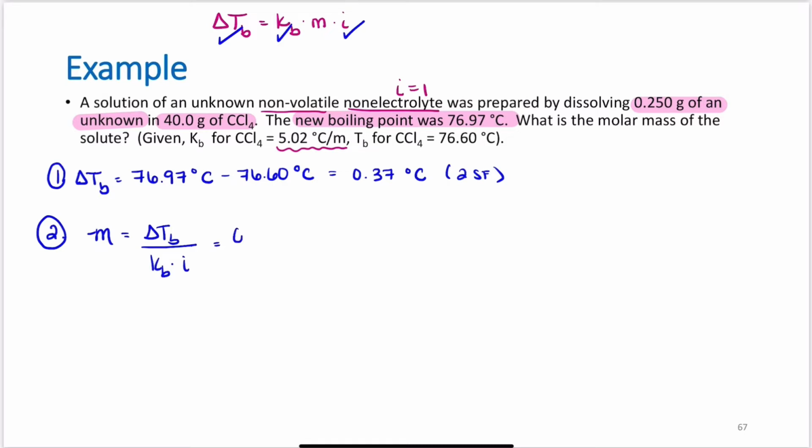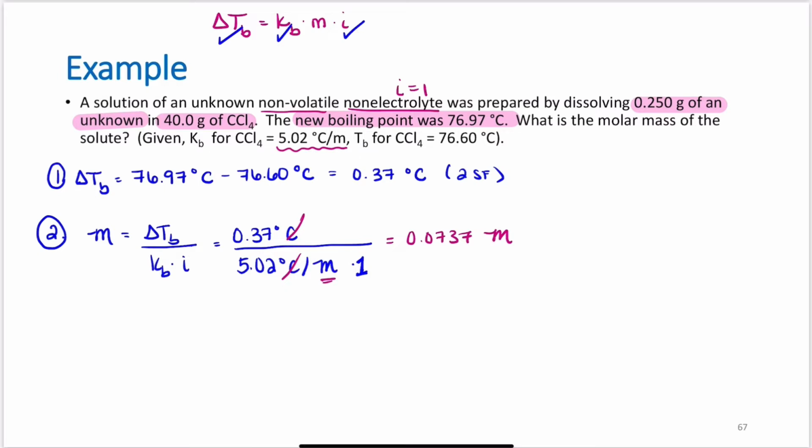I just figured out my change in temperature is 0.37 degrees C, and the question tells me that Kb is 5.02 degrees C per molal, and I'm telling you that i is equal to 1 for all non-electrolytes. That gives me canceling out my degrees C, and this molal is in the denominator of a denominator, which actually brings it to the numerator. This comes out, and I get 0.0737 molal.